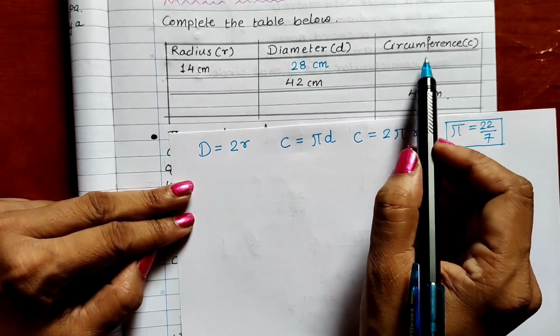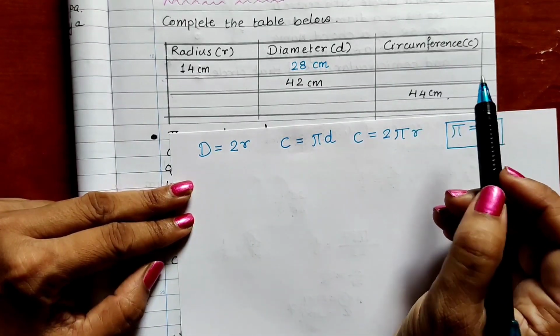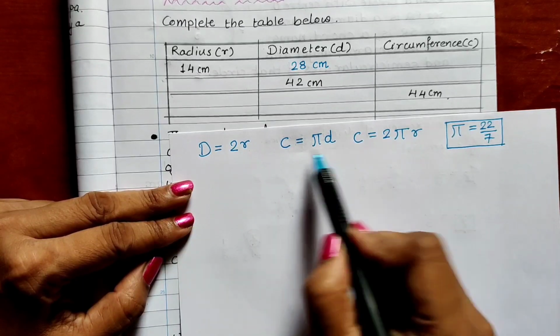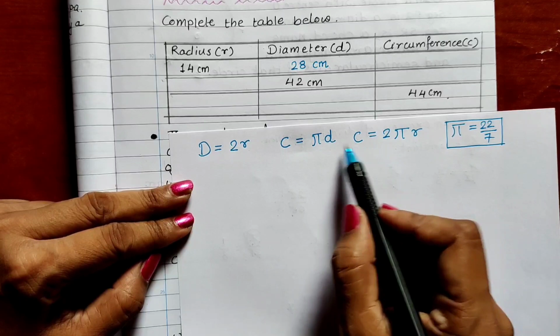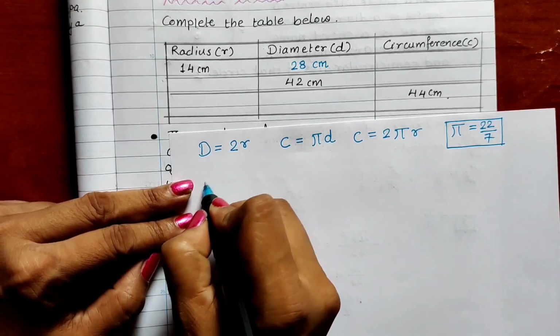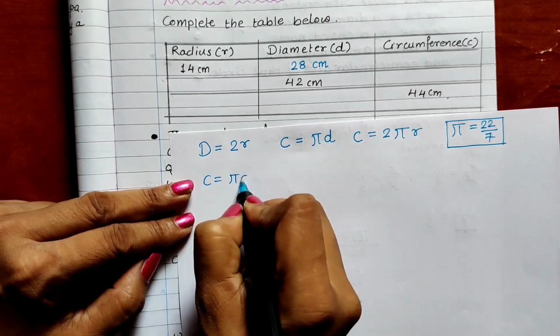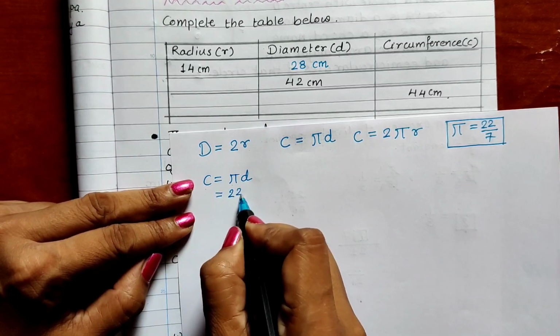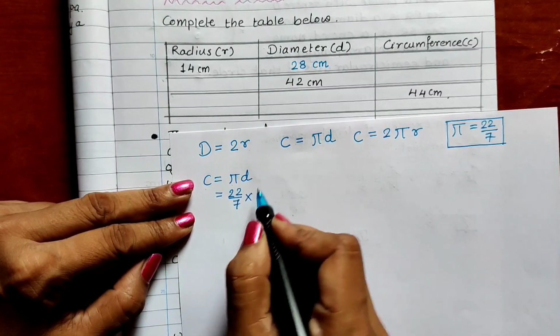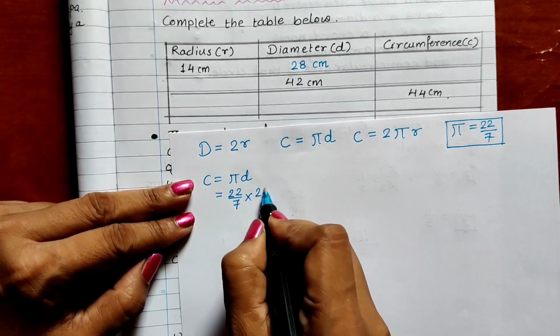Now we have to find circumference. Circumference we can find either by applying this formula or this formula. Any one formula we can apply. So let us apply this second formula. C is equal to pi d. Circumference is equal to pi multiplied by d. Pi value we all know, it is 22 upon 7, and d just now we have got 28.